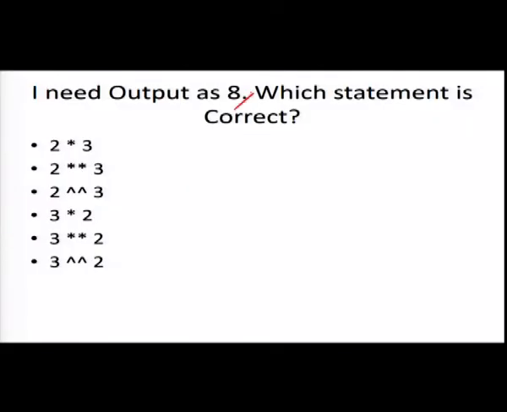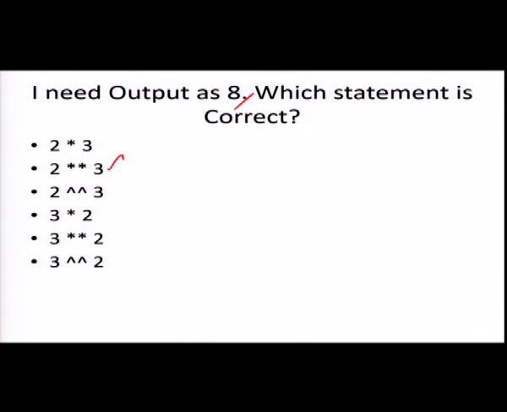Now let us see, I need the output as 8. Here which statement is correct? When we discussed in the initial slide about the operators, I said one is an exponential operator. Which operator is it? Yes, it is correct. As far as exponentiation is concerned, we are supposed to write it as star star and not as the cap symbol as you do in other languages.